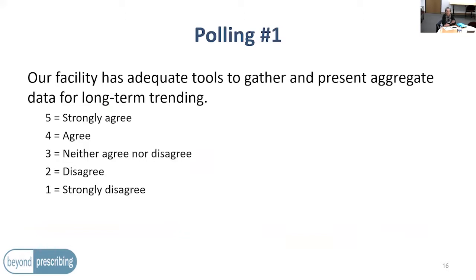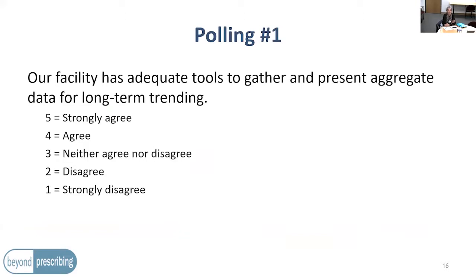Are we able to know how many antibiotic starts happened in our time frame? Do we know how many patient days we had per month? Are we collecting that data already for something else so we can use it? So I can see people here not that secure about having all the data that they need to get.